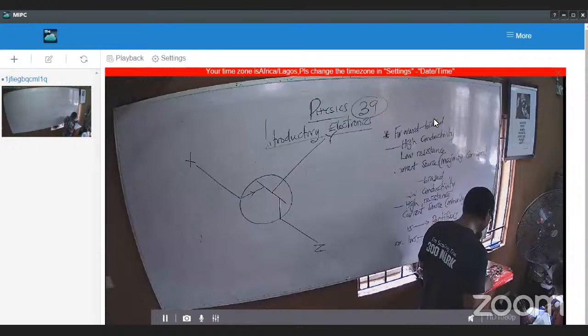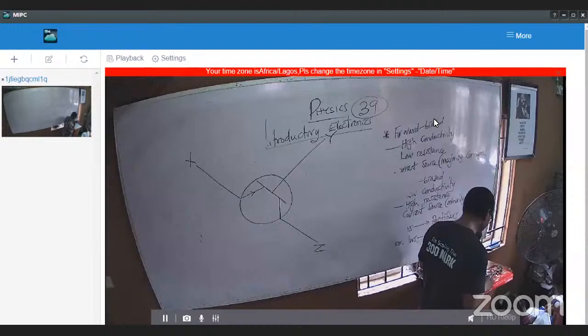The majority carriers in a P semiconductor are... Option A, free electrons.